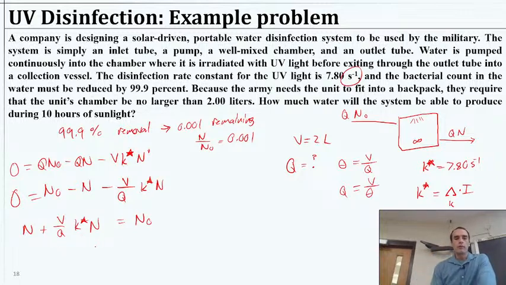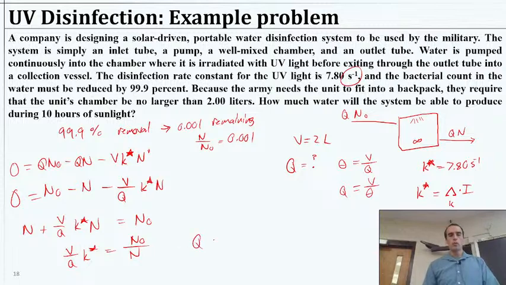I'm going to divide everything by N here. We'll go ahead and get V over Q. Well, you know what? Let's multiply both sides by Q and divide both sides by that, N naught over N.